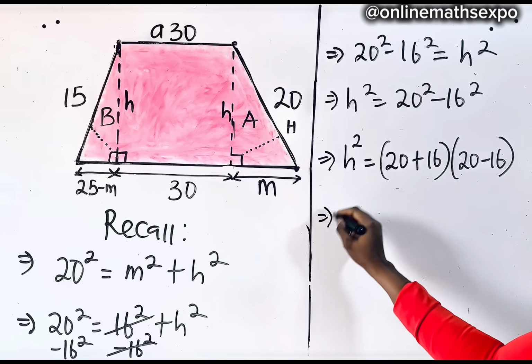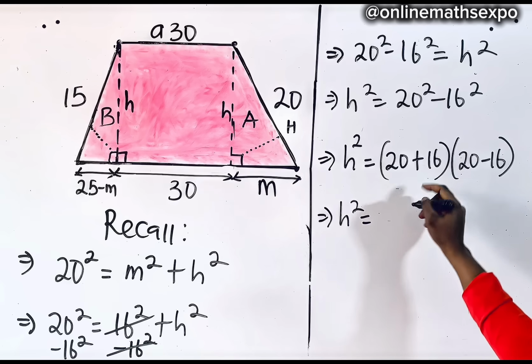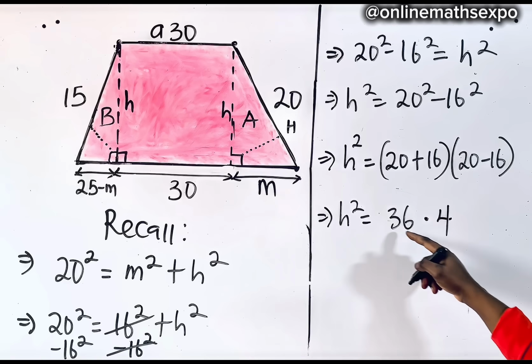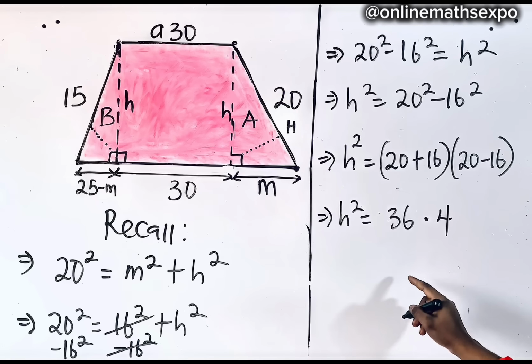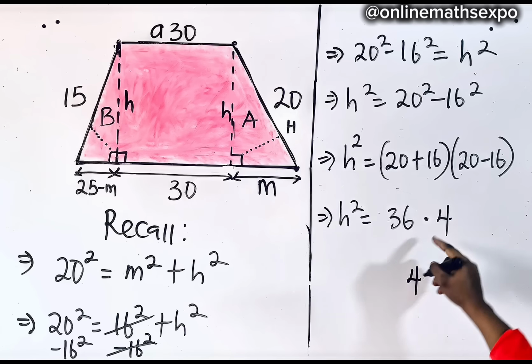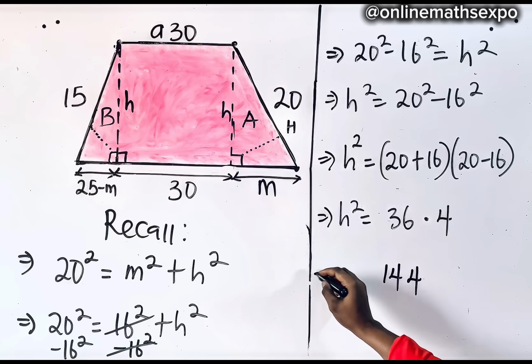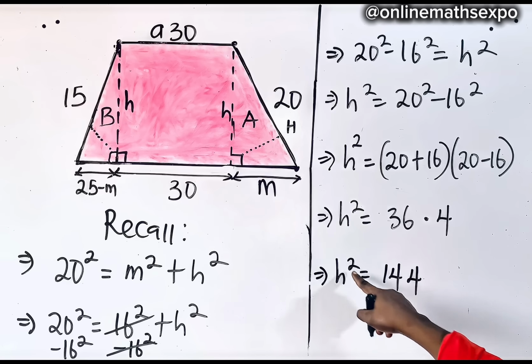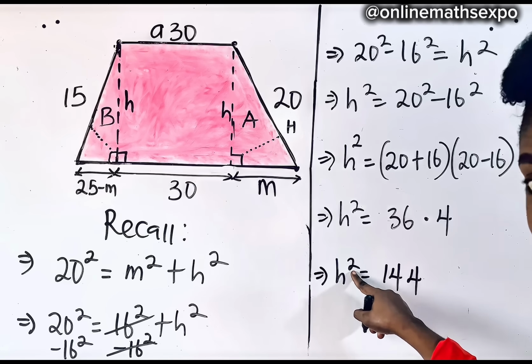If you simplify, you have h squared will give us, add this, it gives you 36. When you subtract this, it gives you 4. So let's multiply. This will give us 24. You write 4, take 2. This gives us 12 plus 2 gives us 14. So we have h squared is equal to 144. Now for us to find h, we need to remove the square.